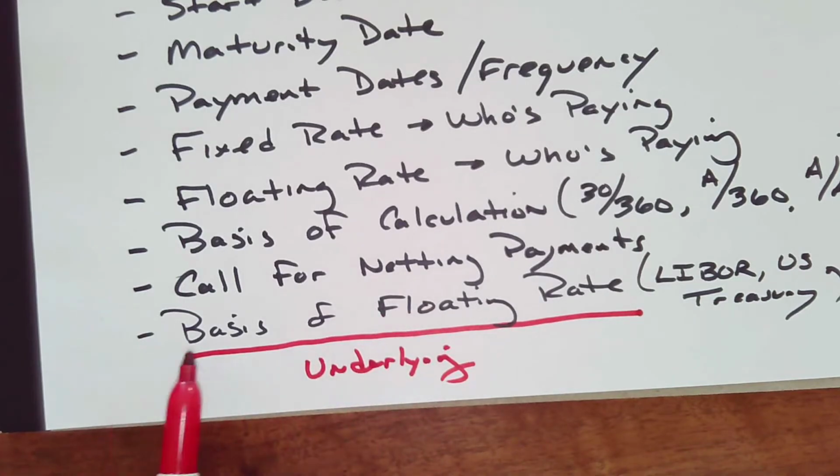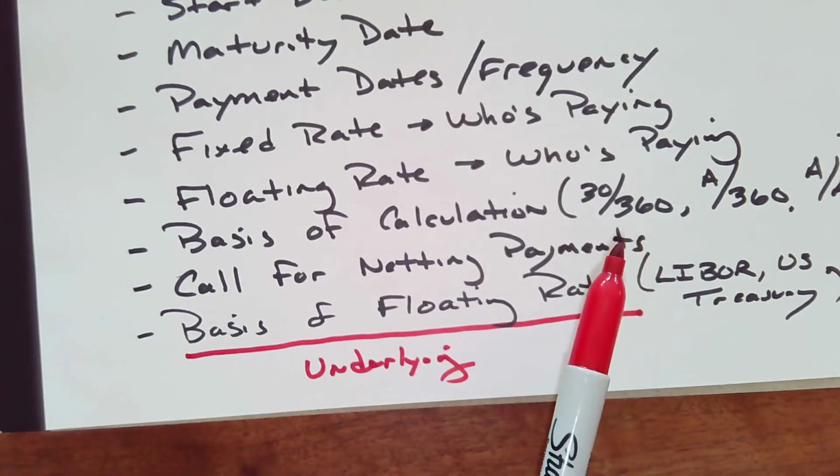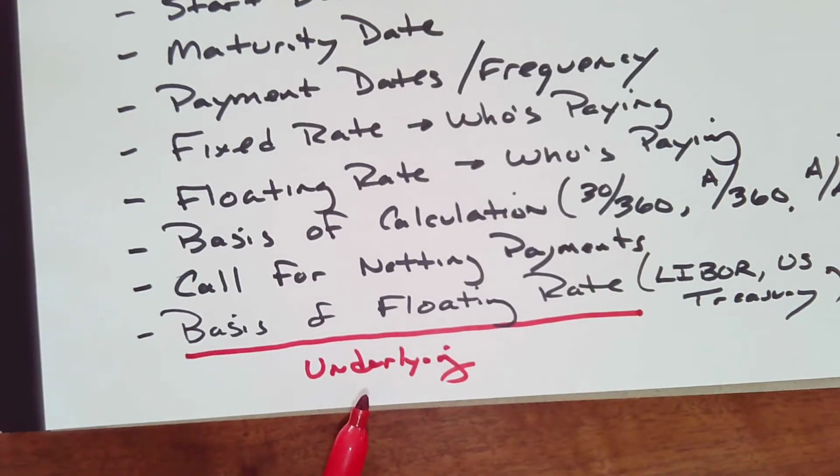So if I'm paying floating and the floating rate goes up, that means I'm losing value. The fair value for me, if I'm paying more versus what I was prior to the rate going up, means the fair value of this contract has moved away from me. If I'm paying floating and the floating rate goes down, that means I'm paying less money, because if I'm paying the floating, I'm likely receiving the fixed.